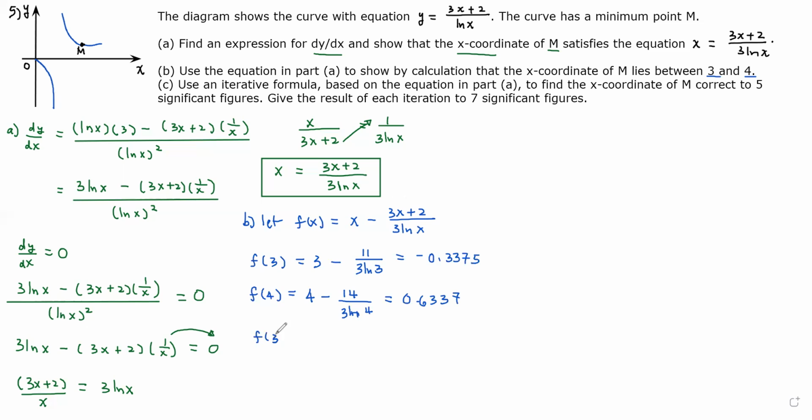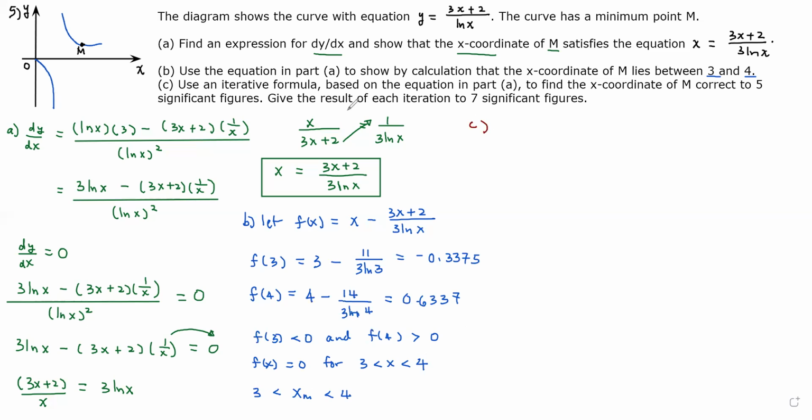Now we see that f(3) is less than 0 and f(4) is greater than 0. That means f(x) must be 0 for a value of x between 3 and 4. So from here we say that the x coordinate of M is between 3 and 4.